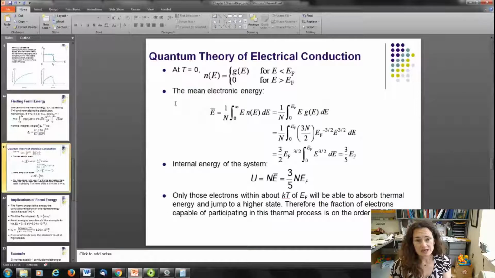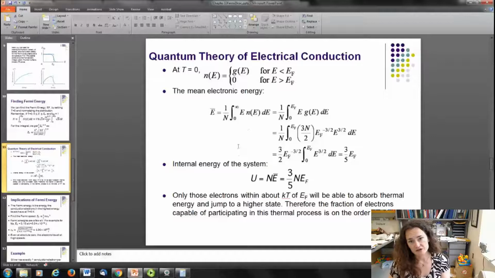Now, keeping T equal to 0, you can see that the number distribution function is equal to your density of states for energy less than the Fermi energy, and it's equal to 0 if your energy is greater than the Fermi energy. If you want to find what your average electron energy is, remember to find an average, you just multiply the thing that you want the average of times the distribution function, and then you integrate that, okay?